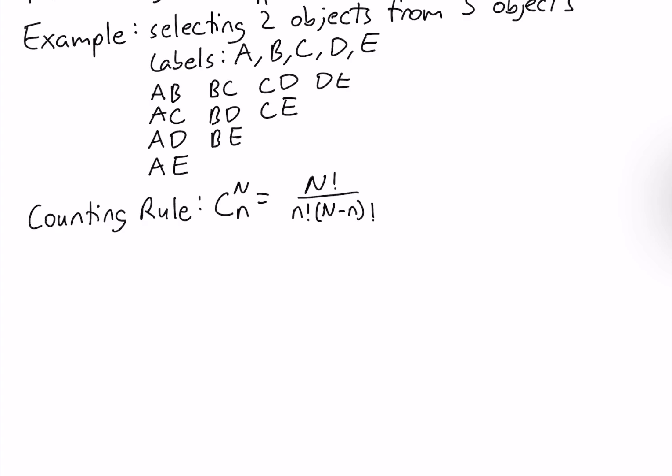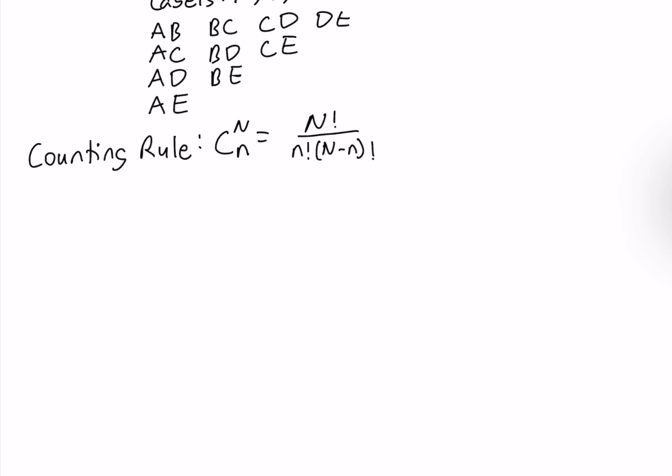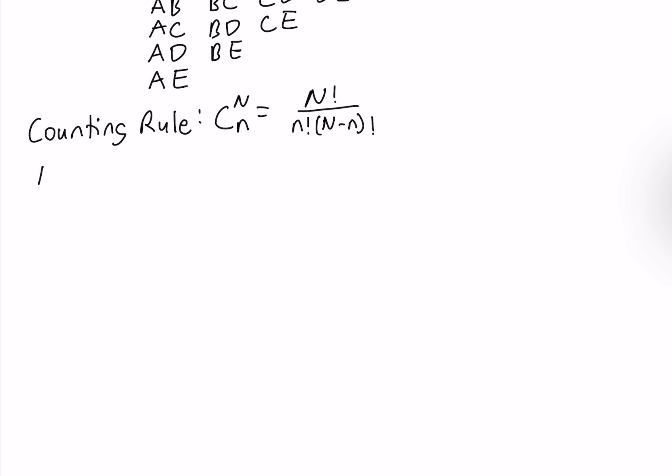Now, if you're not familiar with factorials, this is how factorials work. N factorial is going to be equal to n times n minus 1 times n minus 2 all the way to 2 times 1.